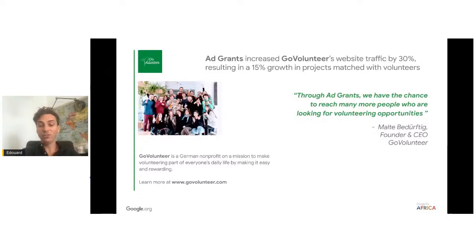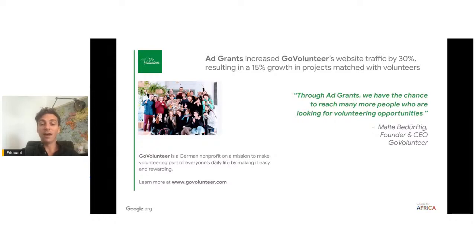So you can raise donations through ad grants, and you can also do many other things. For example, Go Volunteer, a German nonprofit, is using ad grants to hire volunteers and interns. They've been connecting volunteers to volunteering opportunities online. And they have been growing in size and scope.